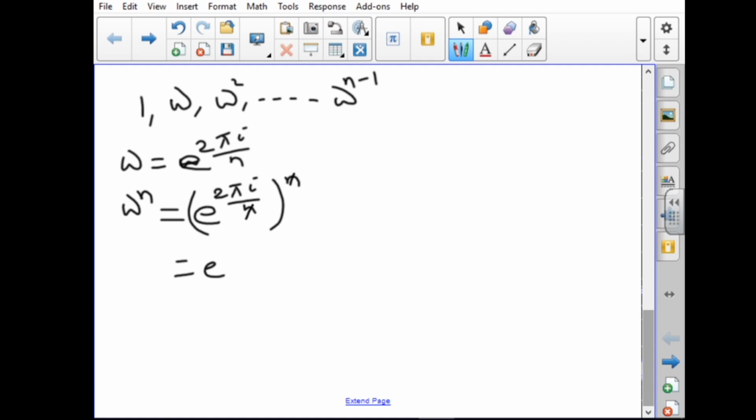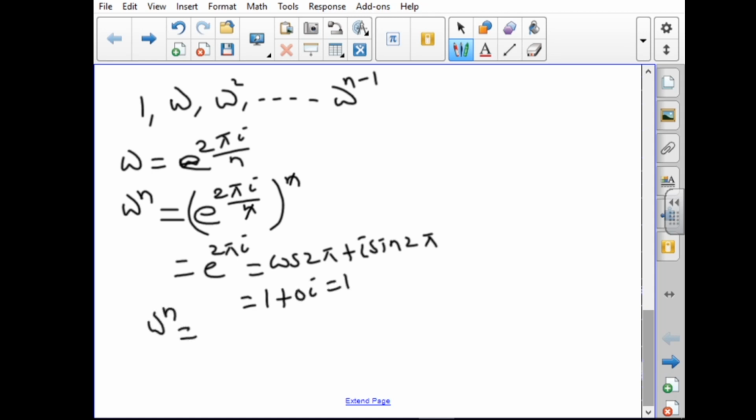So, it gives us e power 2 pi i, which is nothing but cos 2 pi plus i sin 2 pi. Cos 2 pi is 1 and sin 2 pi is 0. Therefore, it is equal to 1. So, omega power n is equal to 1. So, the nth root of omega is equal to 1.